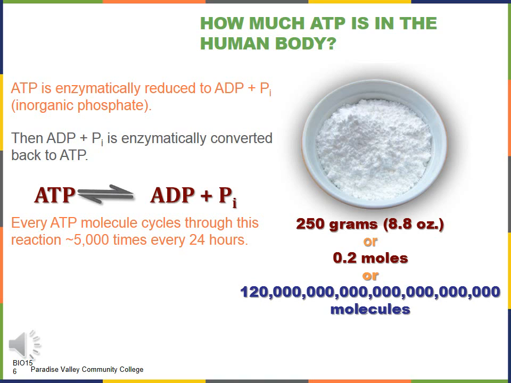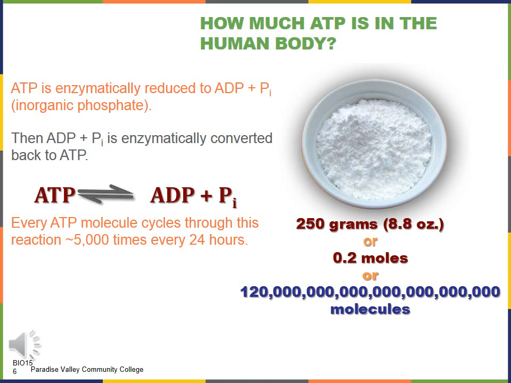You can also go the other way and convert the two back to ATP. So you can combine ADP plus Pi using enzymes and get back your complete ATP. And so this is just showing you that every ATP molecule will cycle through this reaction about 5,000 times every 24 hours.